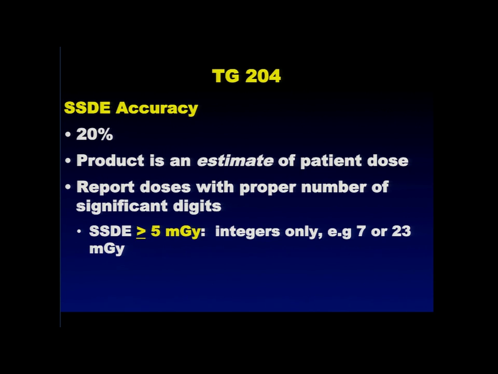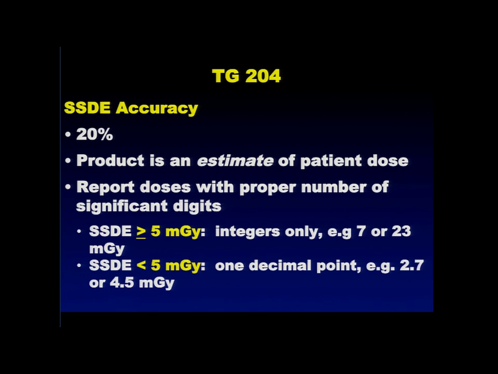Well, if the SSDE is greater than 5 milligray, the report recommends that you use only integers to represent the SSDE, because 20% of 5 milligray is 1 milligray. So you only need to use integers, because that's all you know. If the SSDE is less than 5 milligray, it's okay to use 1 decimal point to represent SSDE. Don't want to see an SSDE that says 7.6893 milligray.